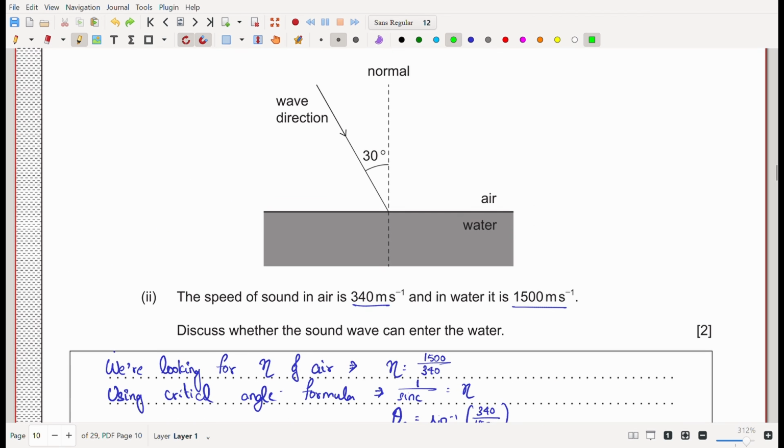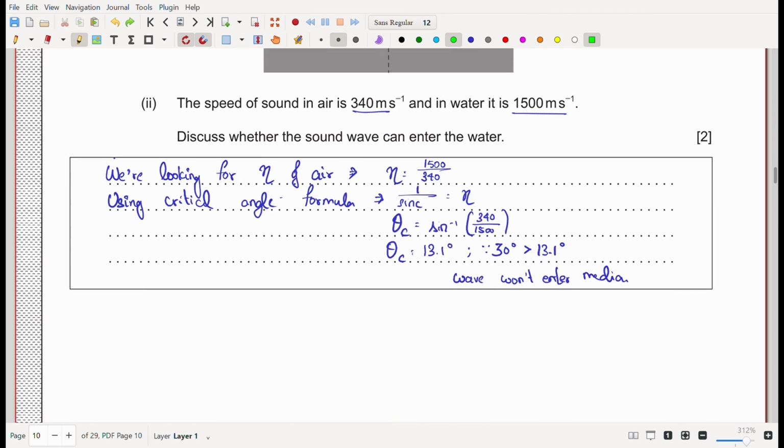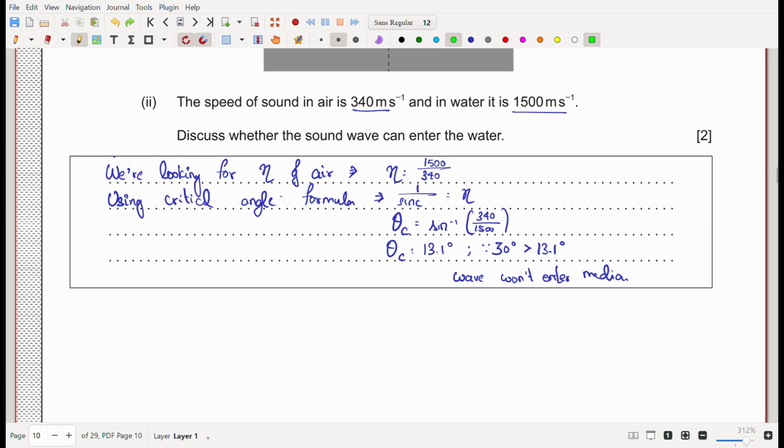Now we see here that the wave direction is 30 degrees. Now this means that the angle of incidence, theta I, is greater than theta C, which means that the wave will not enter the medium. That's it. So make it simple, make sure your equations are shown very clearly, and make sure that you're actually using numbers that justify every part of it.